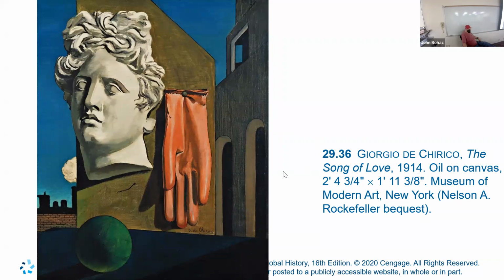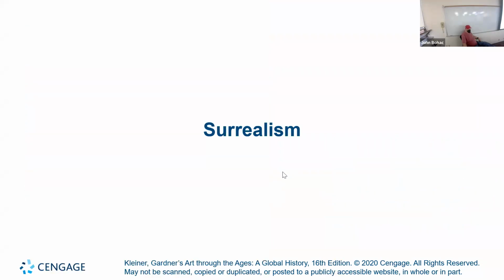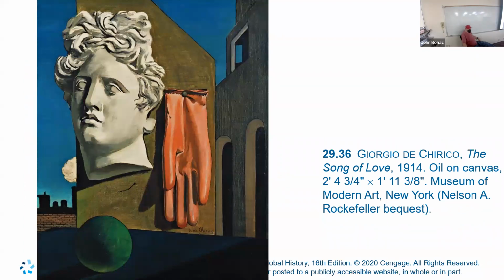And so De Chirico is kind of the godfather of all of this. Song of Love. You can see he's got a rubber glove here, and he's got a ball. All of this is mysterious in how it's put together. And it's meant to be mysterious because it's from a dream.